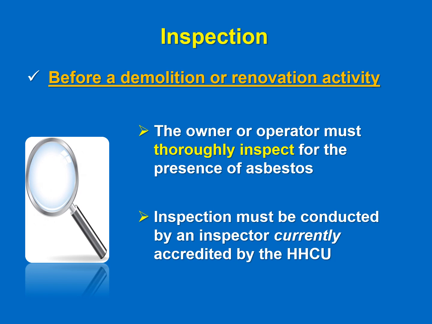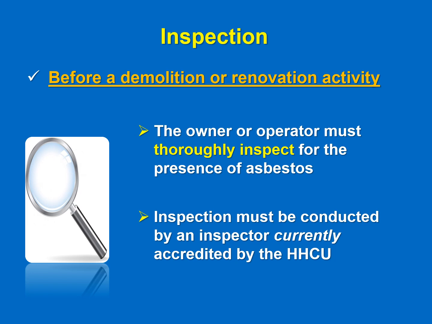Now, one of the key provisions of our NESHAP regulations that we enforce here at the HACU is the inspection process. Before you do any type of demolition or any renovation activity to a building or facility, you first must thoroughly inspect for the presence of asbestos.